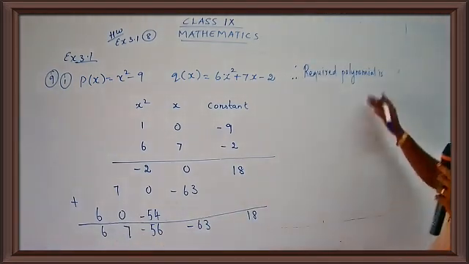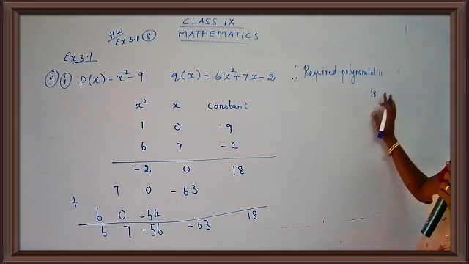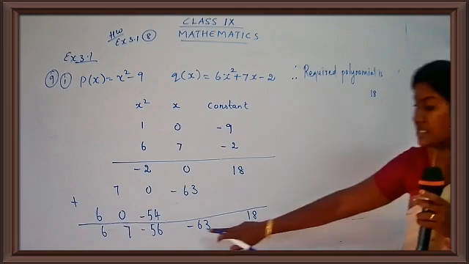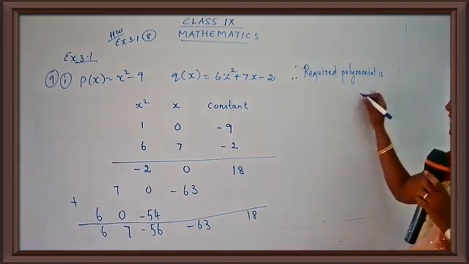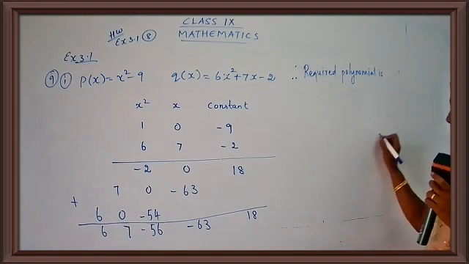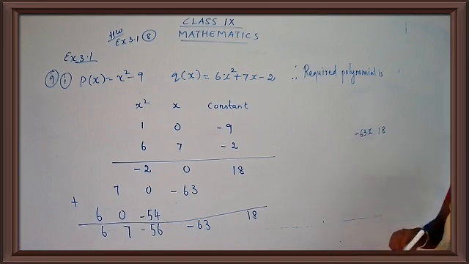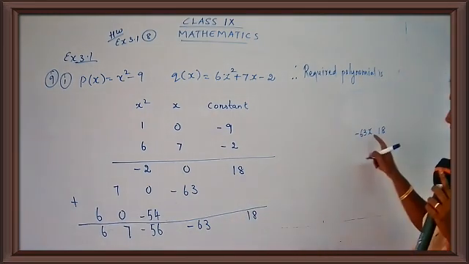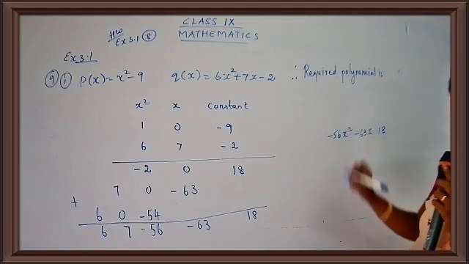I'll start from the last. So I'll have 18 without a variable. Don't write any variable here. Now this is minus 63, and this is x. So I'll get minus 63x. So first I'll have 18, then minus 63x. Next, this will be minus 56x square.